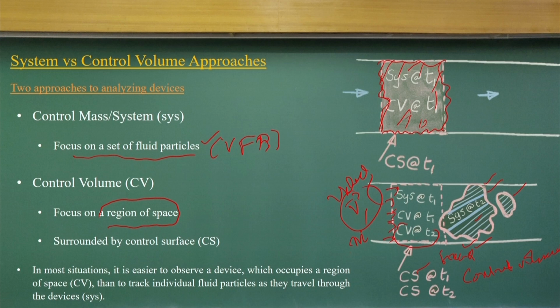We do not bother about the movement of the fluid particles. We bother about how, because of these fluid particles, the transport mechanisms happening through this control surface change the velocity distribution, pressure distribution, mass flux, momentum flux, and energy flux.